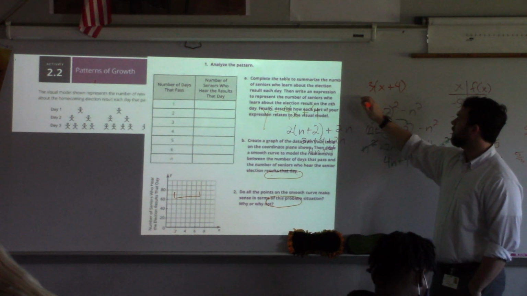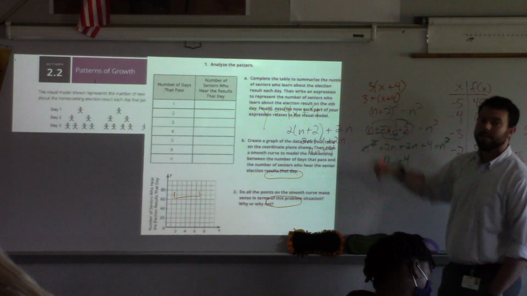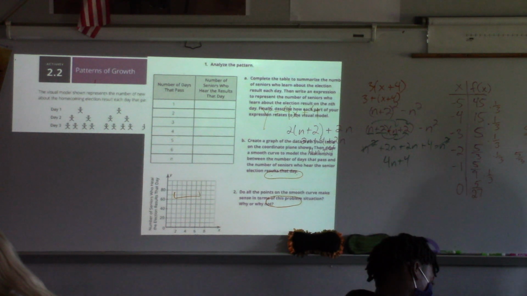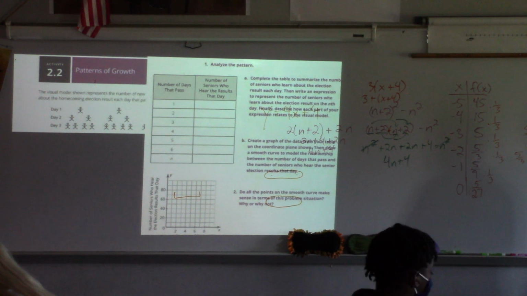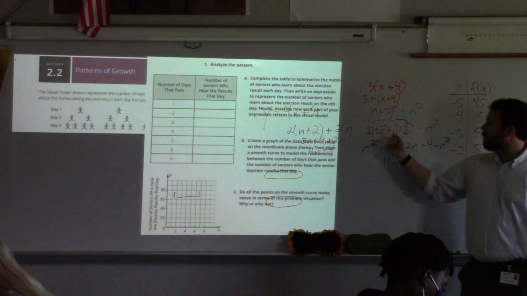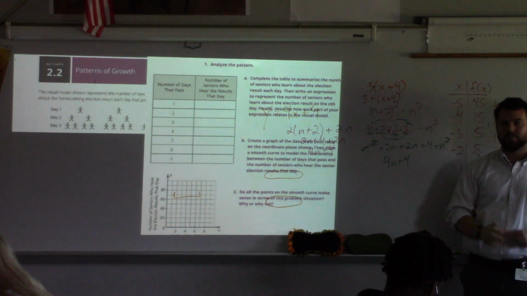The reason why I say no is you need to be careful. In this case, I'm not going to distribute that 3. It's outside the parentheses. You only distribute multiplication and division. And so when we are multiplying here, I have to distribute both of these things.